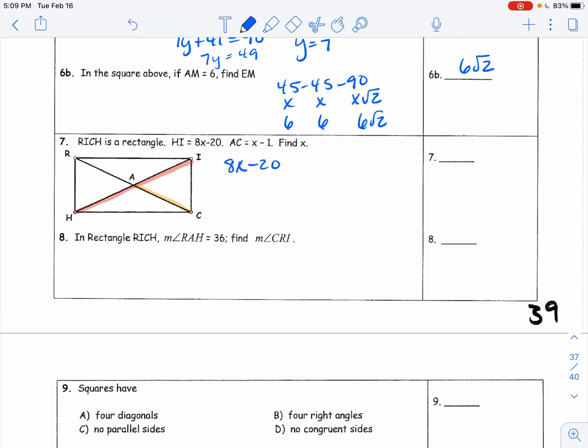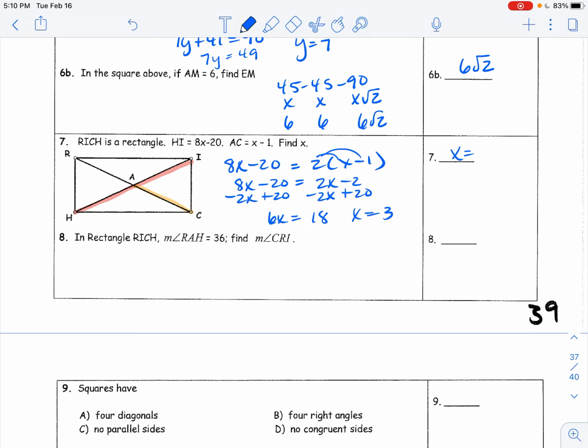So the way I'm going to solve for x is set this diagonal, HI, equal to twice AC. All right, so distribute, combine our like terms. And let's solve for x. So I'm going to subtract 2x on both sides, add 20 to both sides, and we have 6x is equal to 18, and so x is equal to 3.